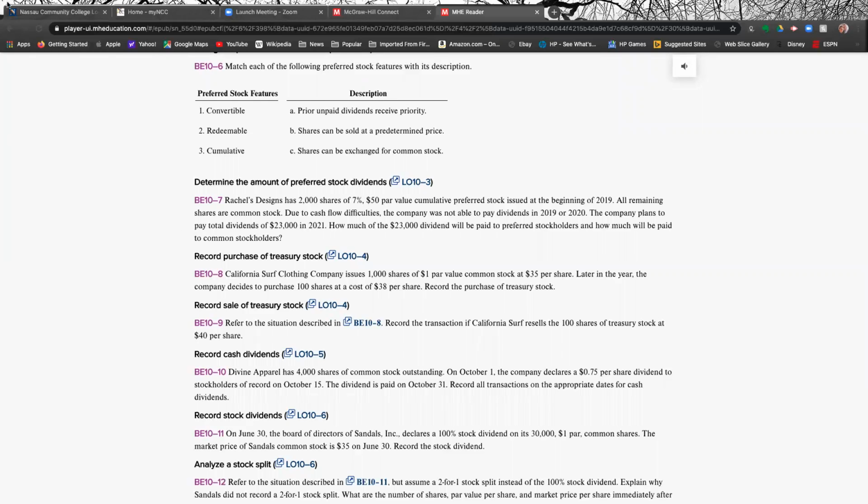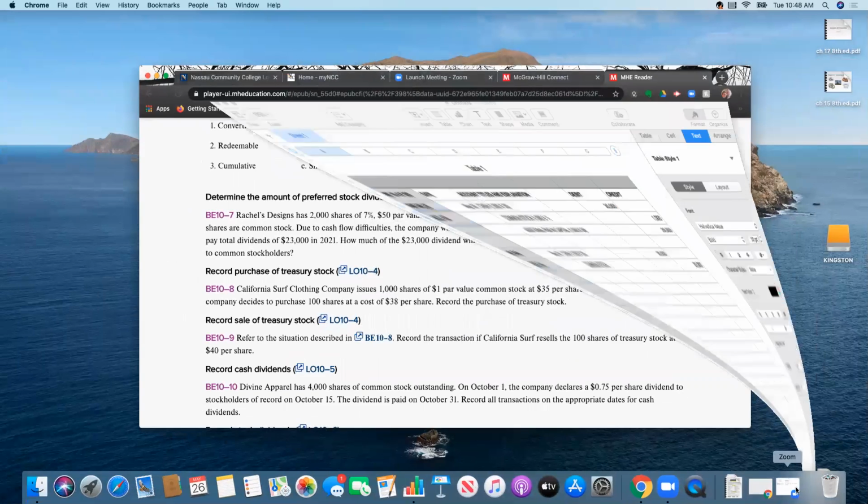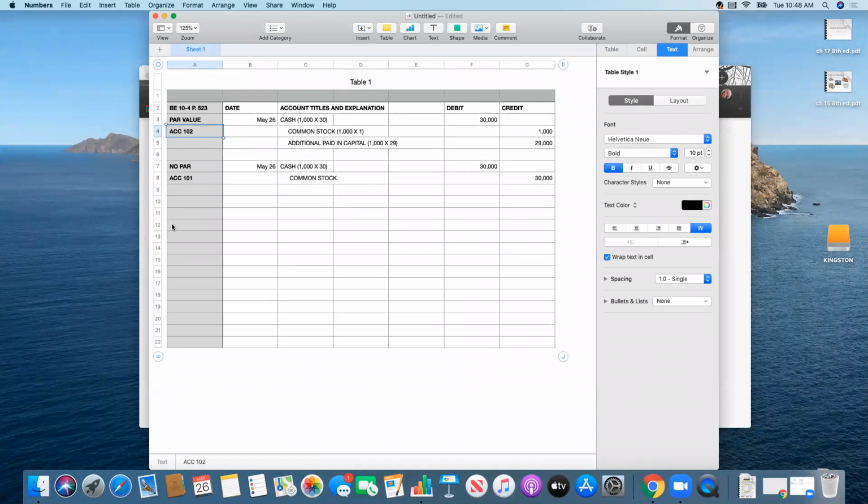So let's see if we can handle that. This is brief exercise 10-7, and I believe this is on the same page, page 523. Okay.